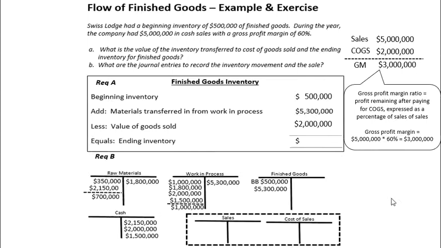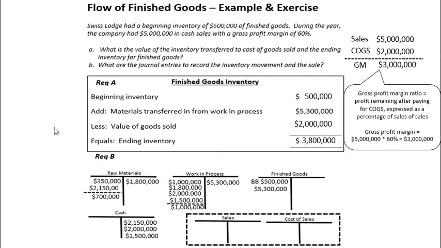And now it's a matter of doing the math. $500,000 plus $5,300,000 minus the $2 million that we computed as the value of the goods sold, and we end up with a total ending inventory of $3,800,000.